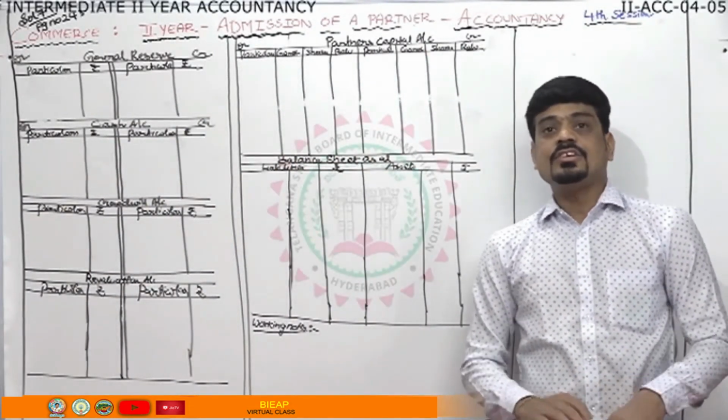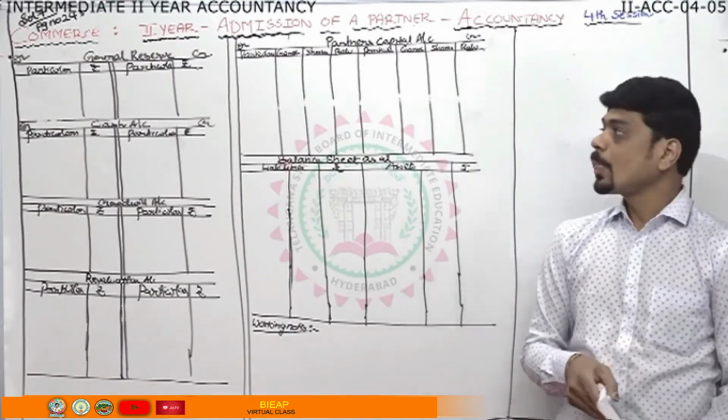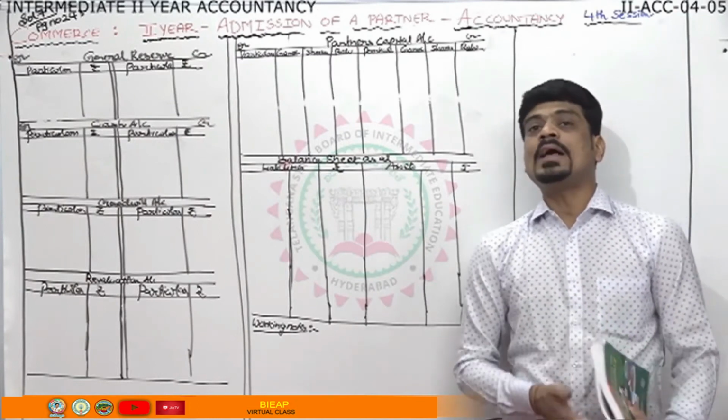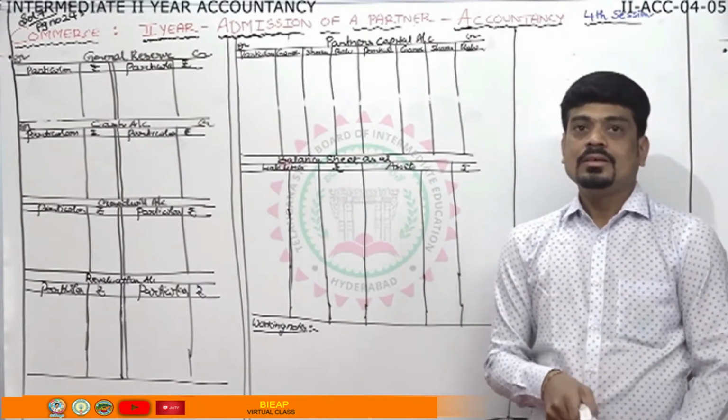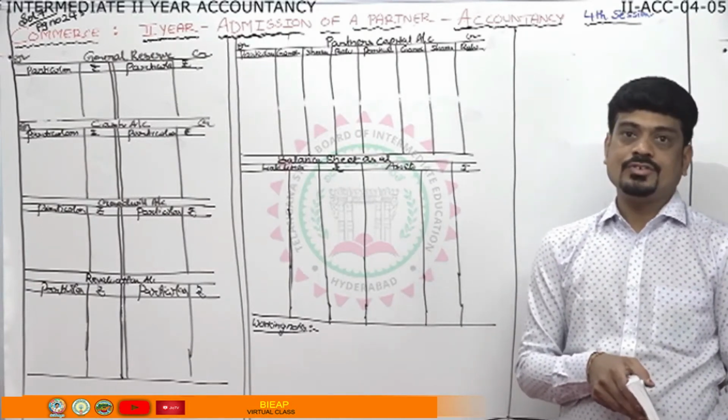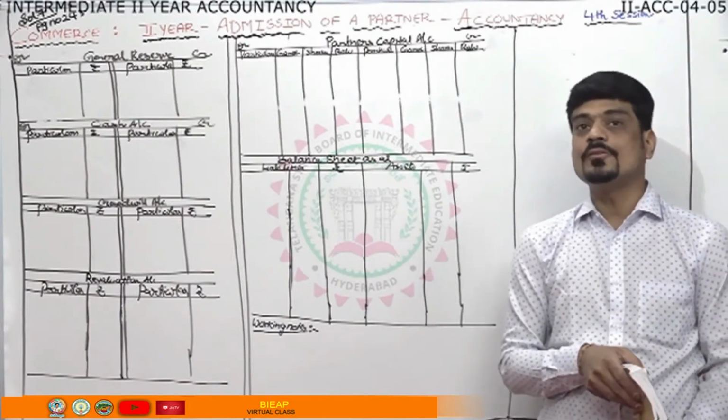In yesterday's session, we learned how to do the solution for admission of a partner when the new partner brings goodwill in cash. That was the first case of goodwill.